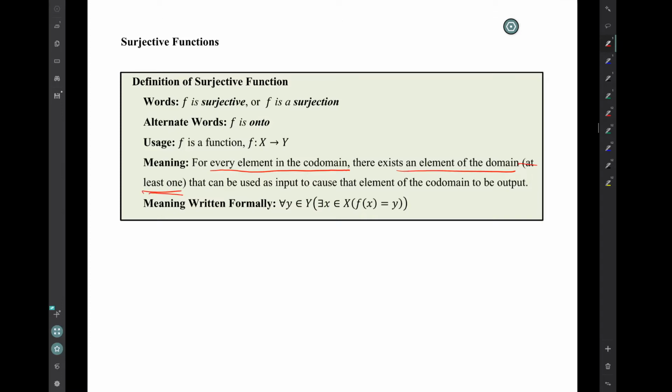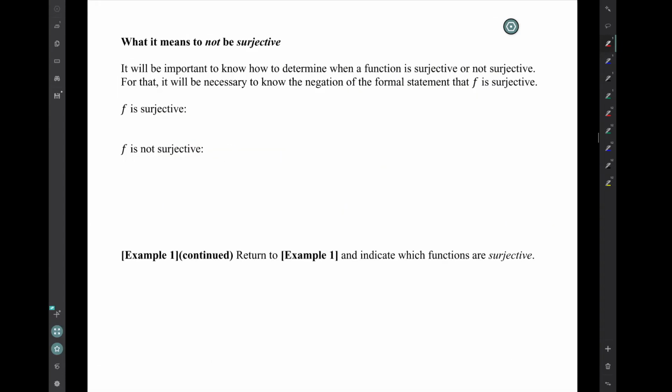And so written formally, that would be this. For all y's in the set capital Y, there exists at least one little x in the set capital X such that f of little x equals little y. Now, what does it mean to be not surjective? Well, let's write down the formal definition of surjective.